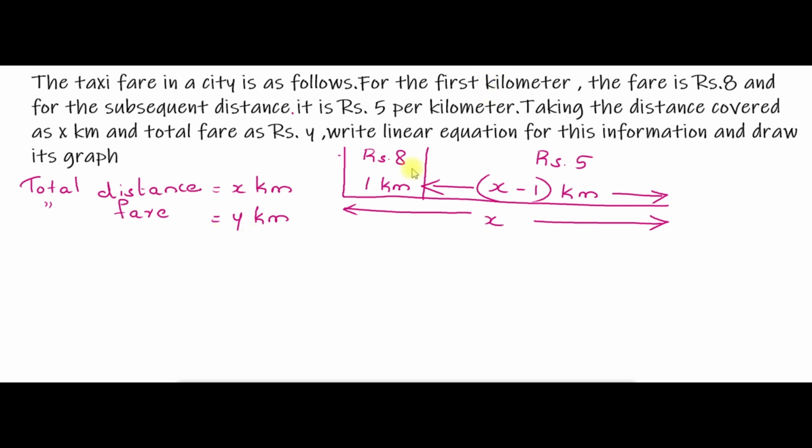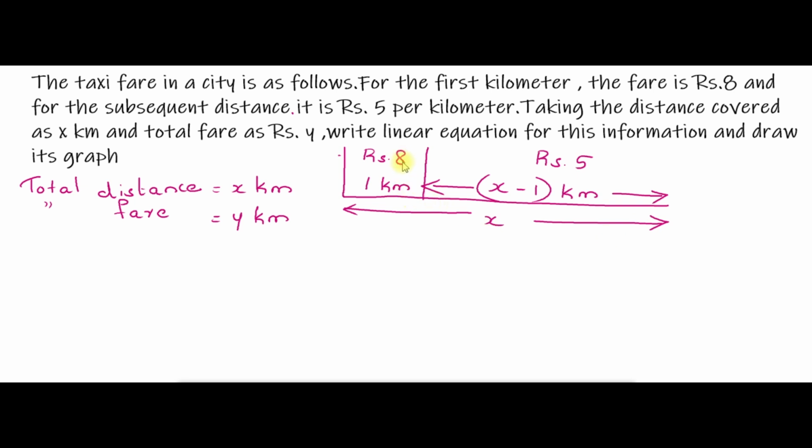So here for the first kilometer, that is for 1 kilometer, the fare is ₹8. So I have denoted for 1 kilometer the fare as ₹8. And for the subsequent distance, that is from 2 kilometers onwards, the fare will be ₹5 per kilometer. So here the total distance is x.